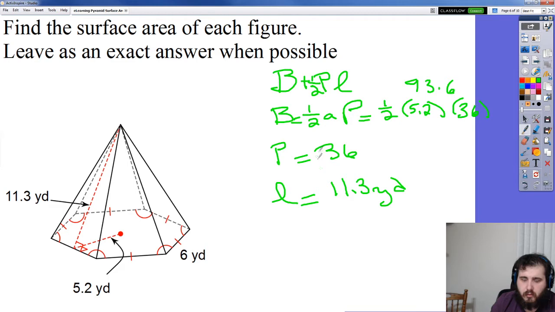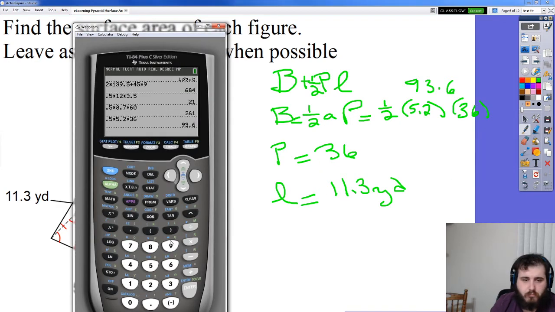And then we're going to do the 1/2 PL. 1/2 times perimeter times the slant height. That's 1/2 times 36 times 11.3 right here. And you get your answer is 203.4.